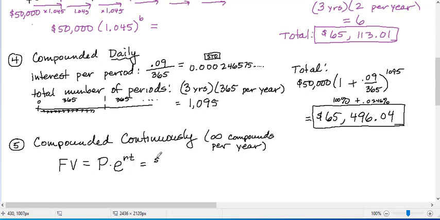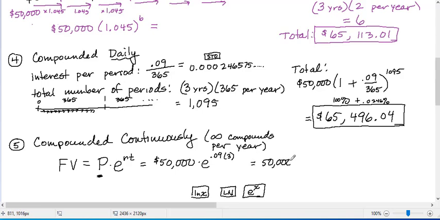So here's how it works for continuously compounded. You take your principal, 50,000, times E, and there is an E key on your calculator somewhere by the LN x key, or your LN key. You should have a key that says e^x. So be E raised to the, take the full annual interest rate of 9%, multiply up in the exponent by the number of years.